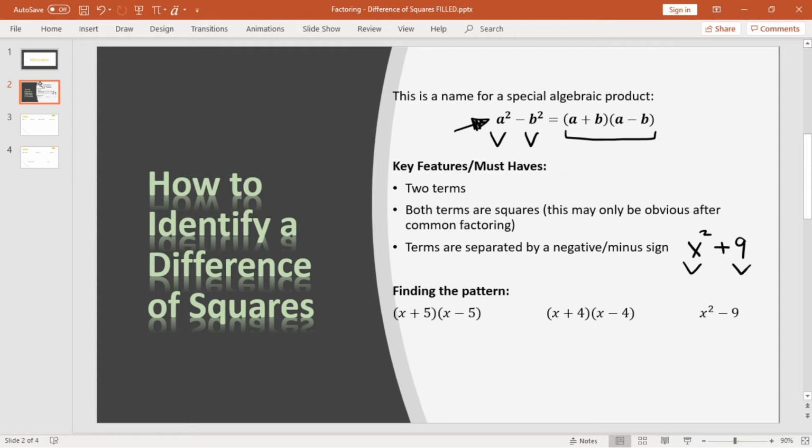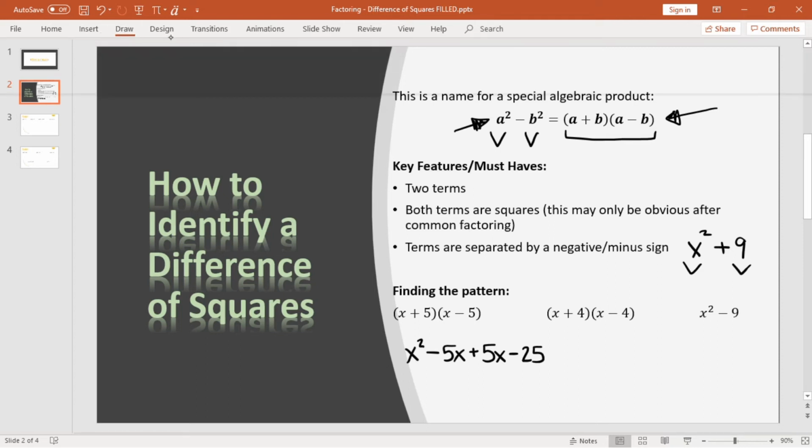And we're going to start by actually expanding x plus 5, x minus 5. Because when I look up here at the top, that should be the factored form of a difference of squares. So using FOIL, first x squared, outside minus 5x, inside plus 5x, last minus 25.